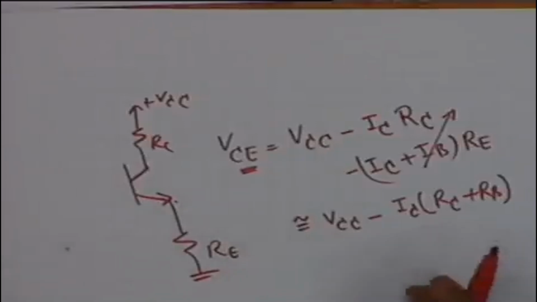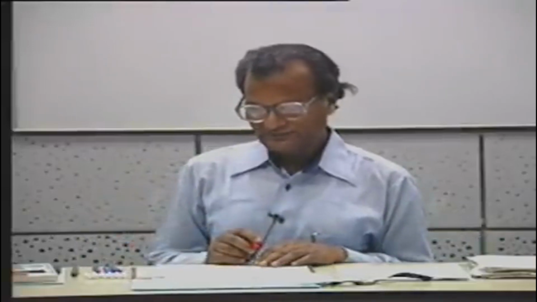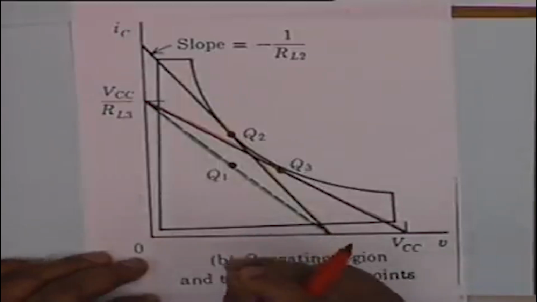And therefore the load line shall be a straight line on the VCE IC characteristic with a slope of minus 1 by (RC plus RE).